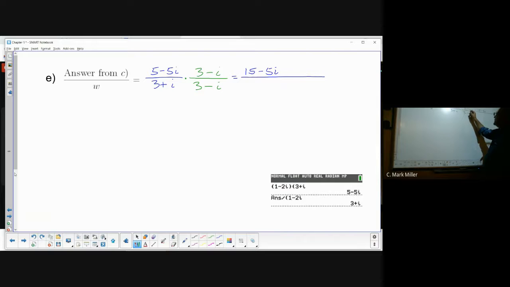First, outer, inner: minus 5i times 3, minus 15i. Then finally, lots of negatives here: minus 5i times minus i, that is a plus 5i squared.